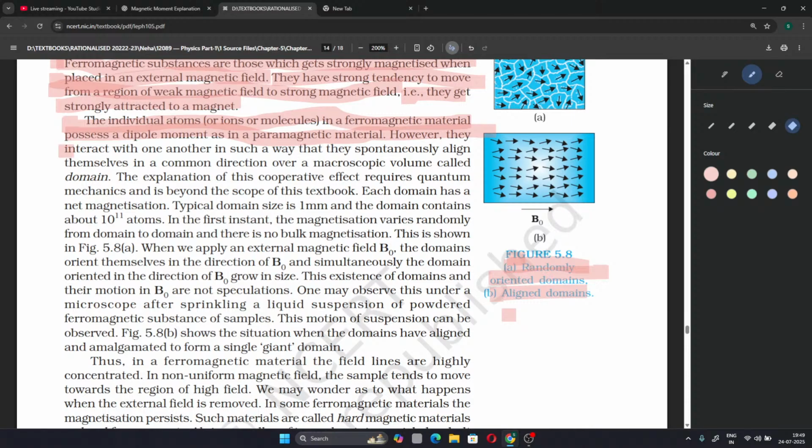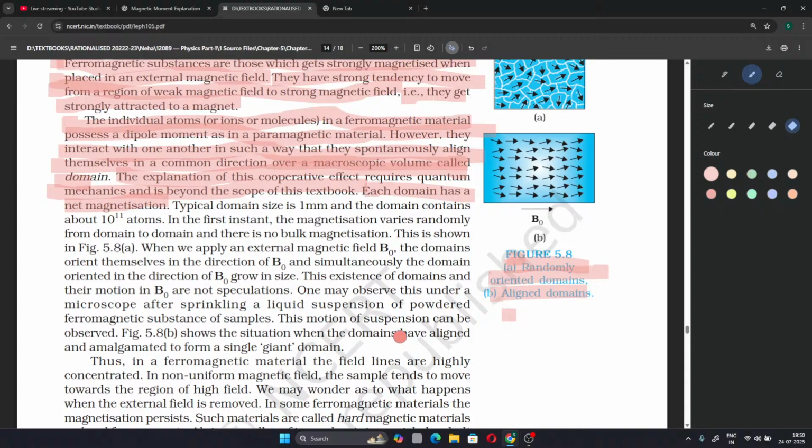However, they interact with one another in such a way that they spontaneously align themselves in a common direction over a macroscopic volume called a domain. The explanation of this cooperative effect requires quantum mechanics and is beyond the scope of this textbook. That is, each domain has a net magnetization.